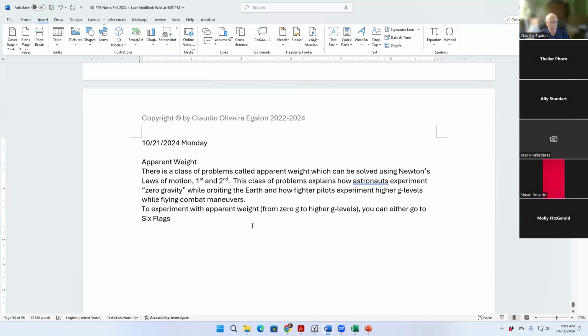Okay, to experiment with apparent weight from 0 G to higher G levels, you don't need to be an astronaut, neither a fighter pilot.